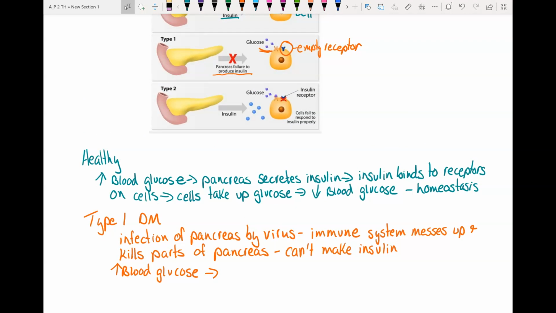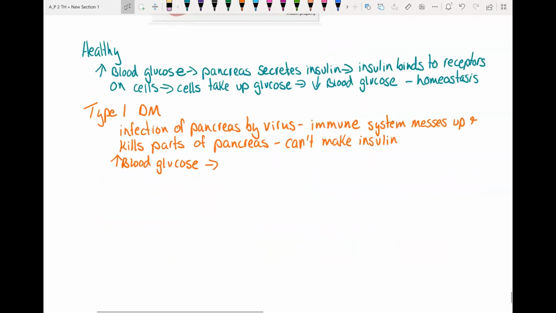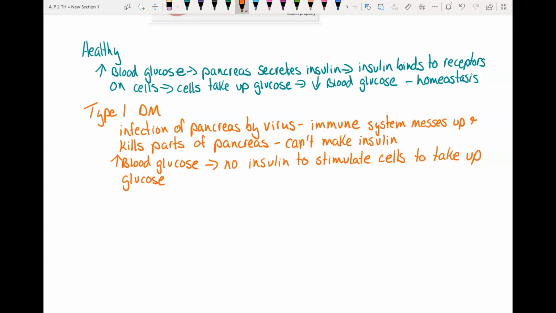Notice the glucose just remains in the blood. So you get very high blood glucose levels in the hundreds because it just builds up in the blood.